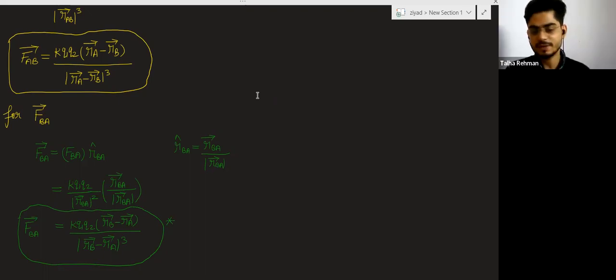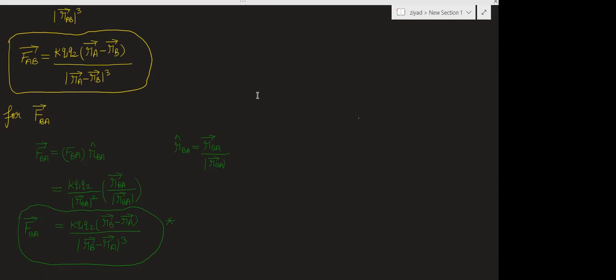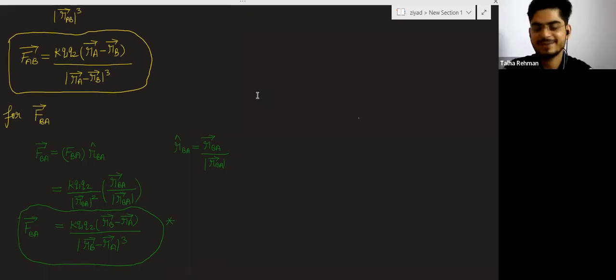In physics, I am telling you one thing: formulas are not important. You have to feel and understand the thing. In my school also it was like this when I was in 12th class, but when you grow up, you will get to know it.